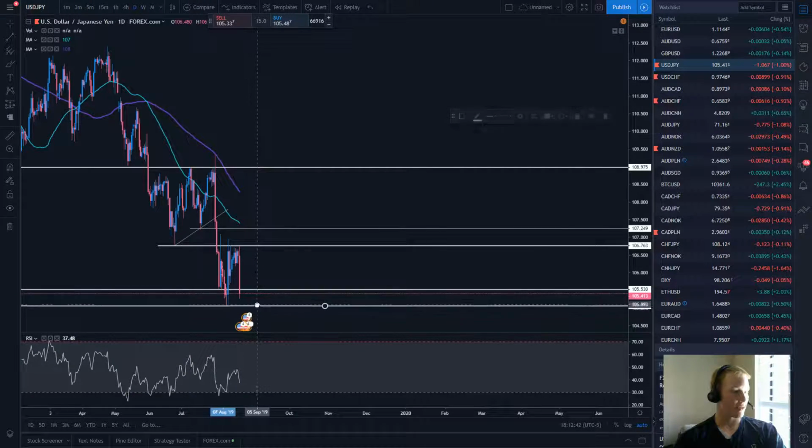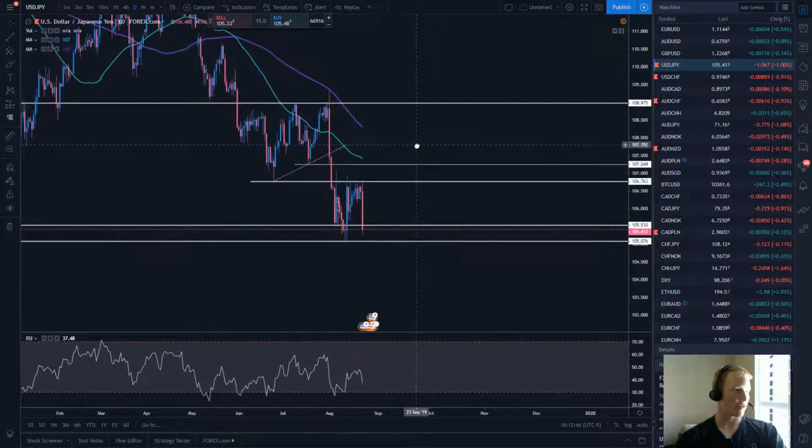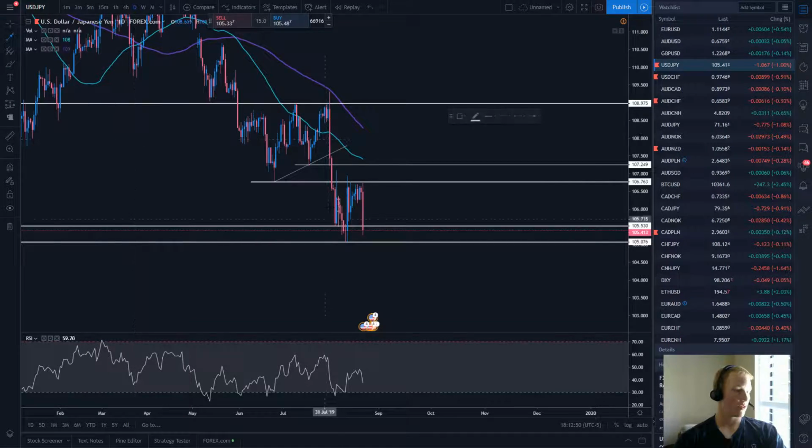All right, so wait for this to come down and retest this low. That's what I'm waiting for next. That'll decide what happens here. And it's pretty diverged. There's a pretty big RSI divergence, so there should be a really good long setup here.